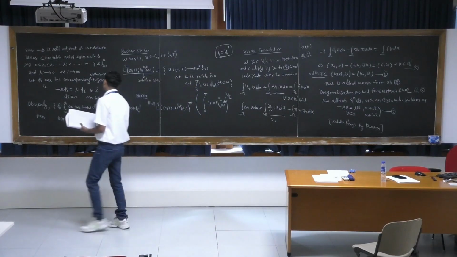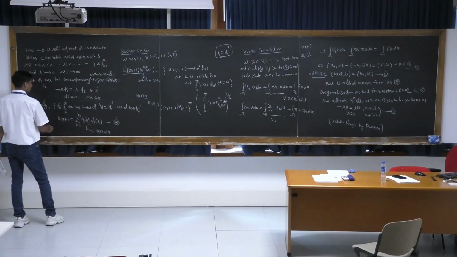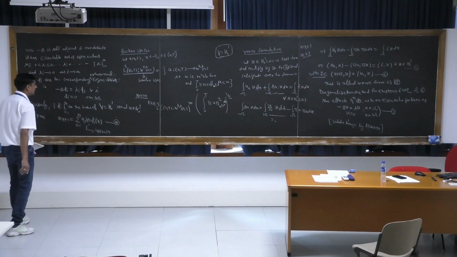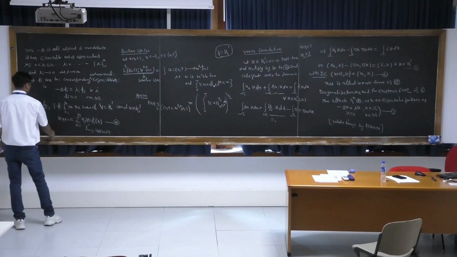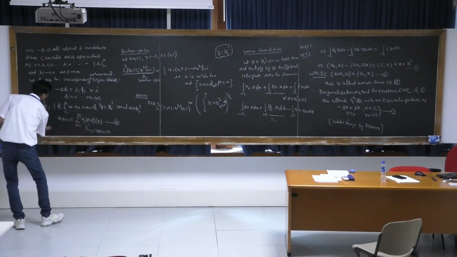You can find them because phi i's are orthonormal. So take the inner product with respect to phi j on both sides.